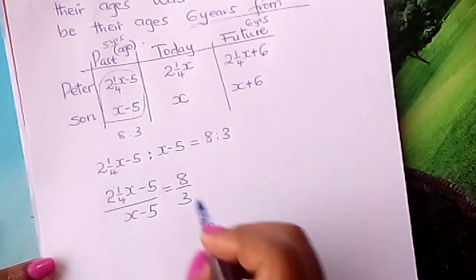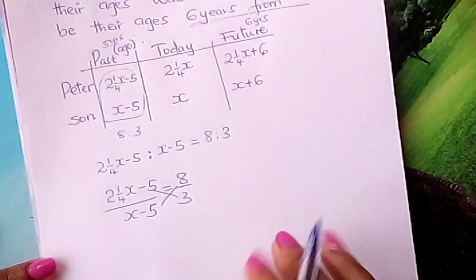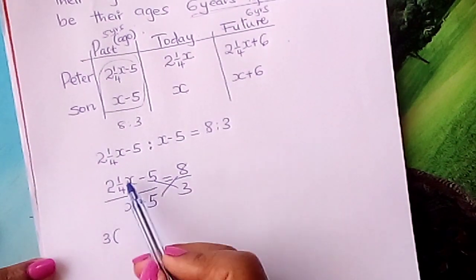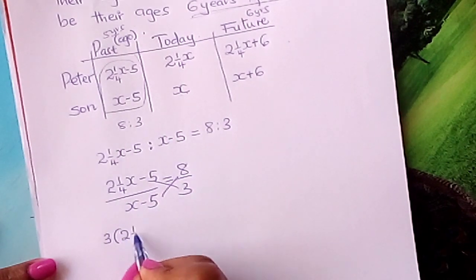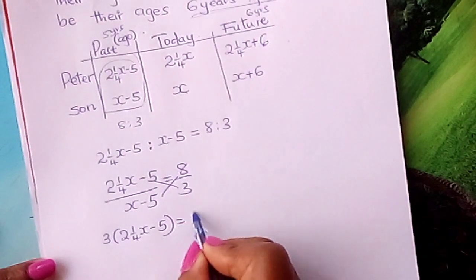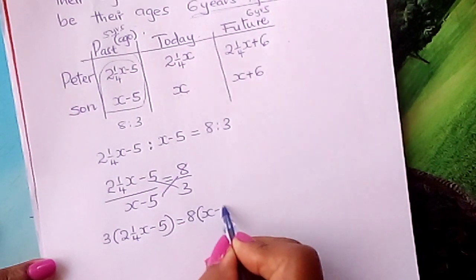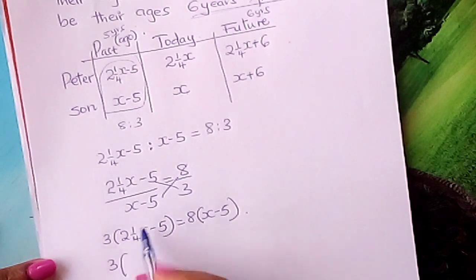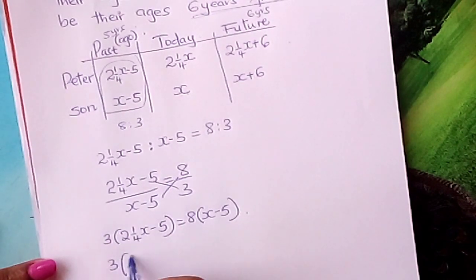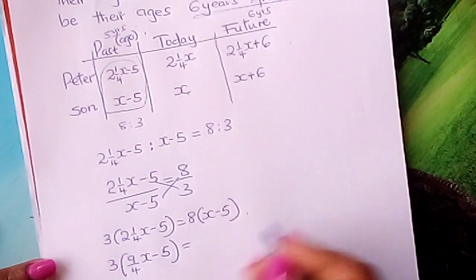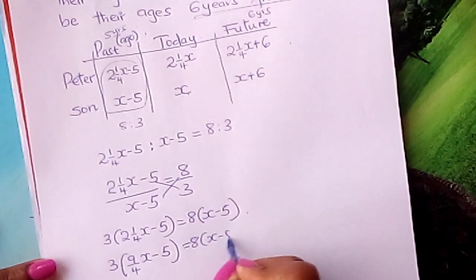Look at that. Then cross multiply. So you write 3 in brackets: 2 1/4 X minus 5 is equal to 8 multiplying X minus 5. Convert this to an improper fraction. It gives you 3 in brackets 9/4 X minus 5 is equal to 8 in brackets X minus 5.